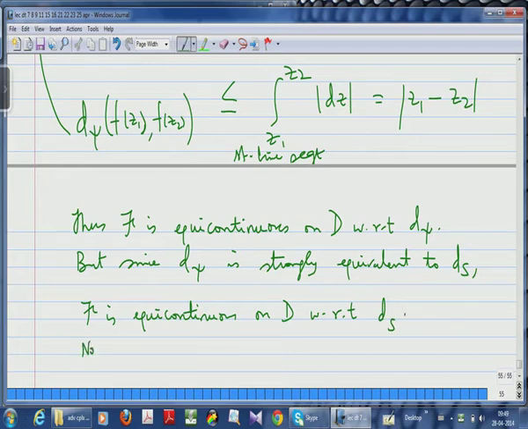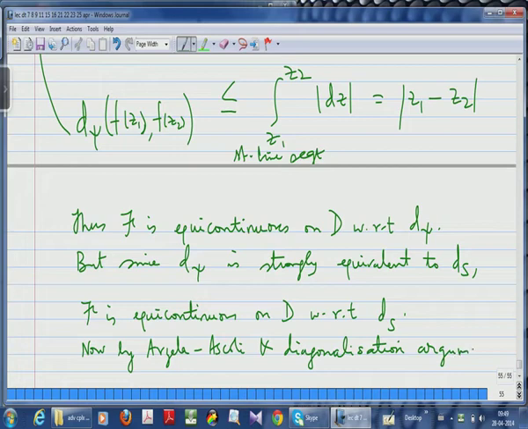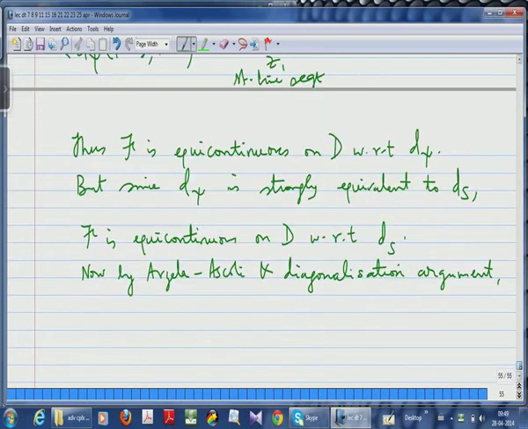Now by the Arzelà-Ascoli theorem and a diagonalization argument, we conclude script f is normal. It's a normal family. Okay, so that's the proof of Royden's theorem.